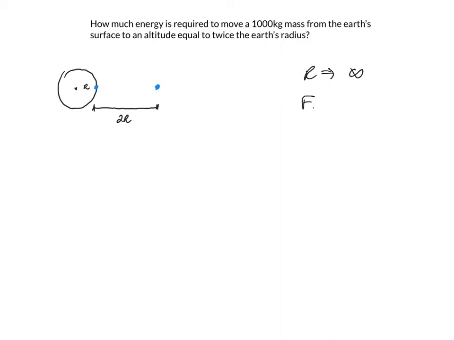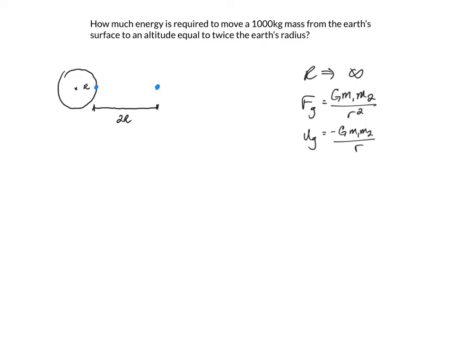Well, what does that actually mean for the force of gravity that object is experiencing? Well, that means that this value is essentially moving to 0. Okay, if this gets bigger and bigger and bigger, this gets smaller and smaller and smaller. Okay, well, what does that mean in terms of our gravitational potential energy? Okay, remember this was our equation that we had for gravitational potential energy.